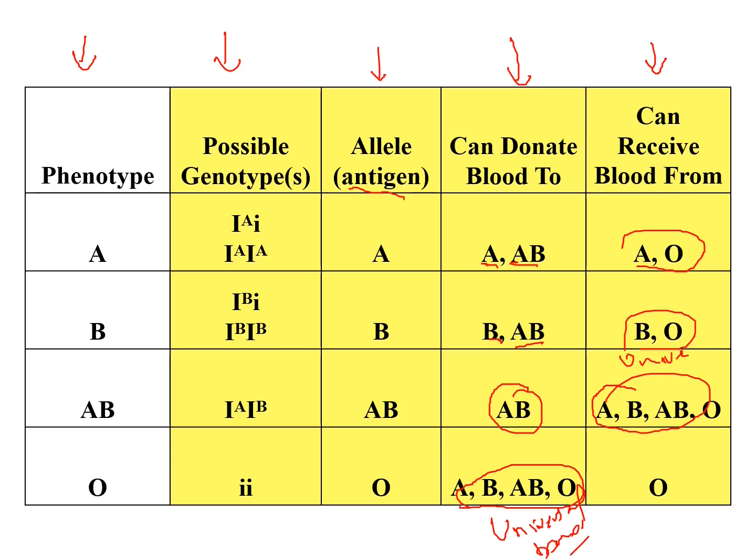So this is the universal recipient, the one that receives from everybody. And unfortunately, O can donate to everybody, but can only receive from O. Again, you might have a question related to this in the test.